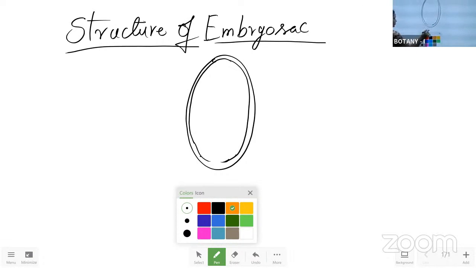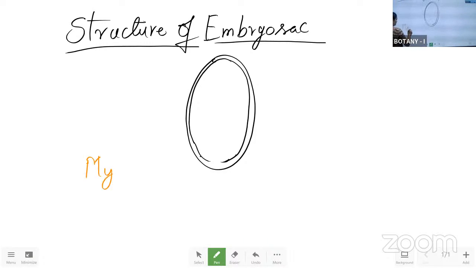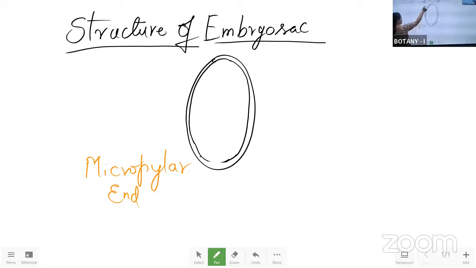First of all, if you know the ends, then the cell organelles in this will be very clear. The downward portion where we have left an opening for the membrane is the micropylar end. And the opposite one, the topmost portion of the embryo sac, that end is the chalazal end.